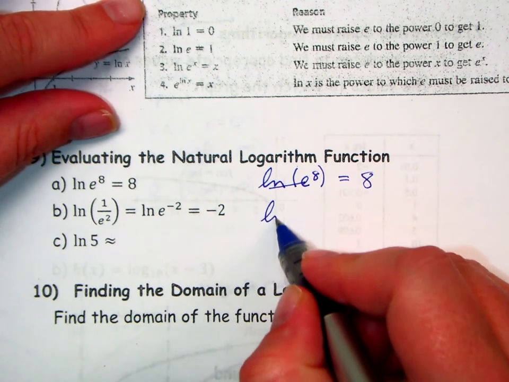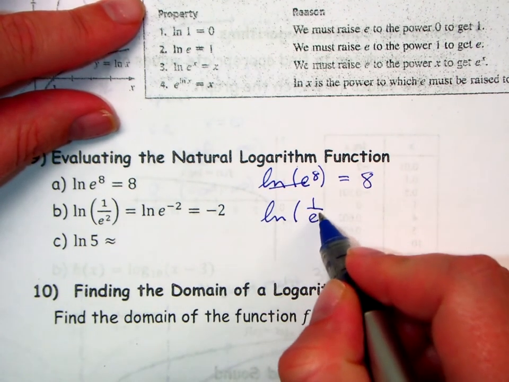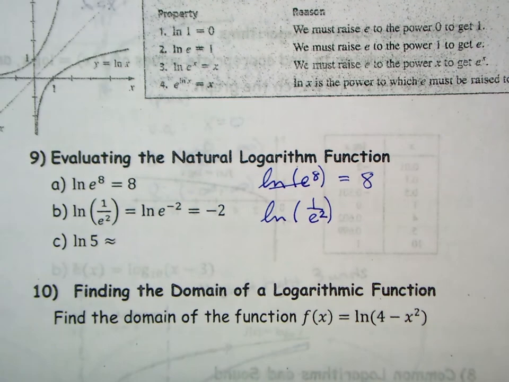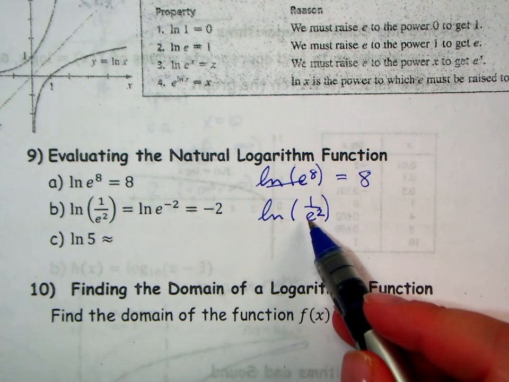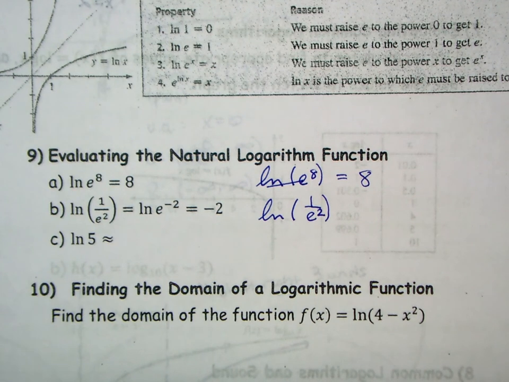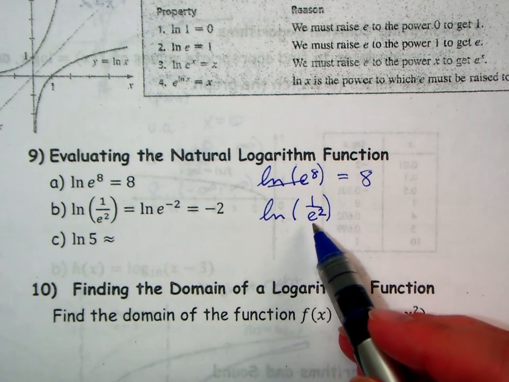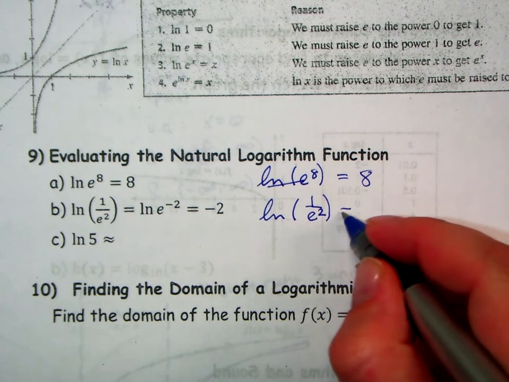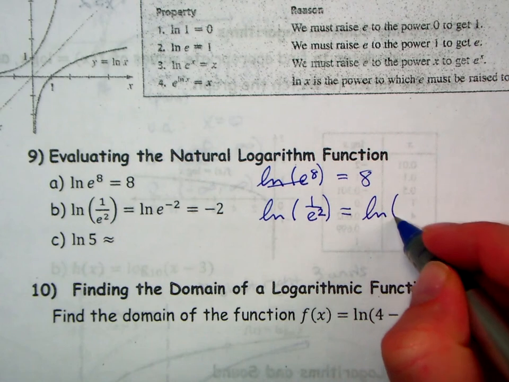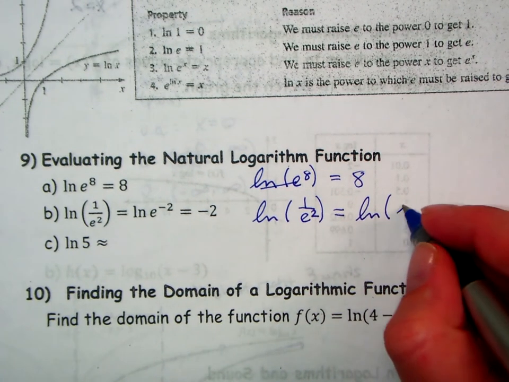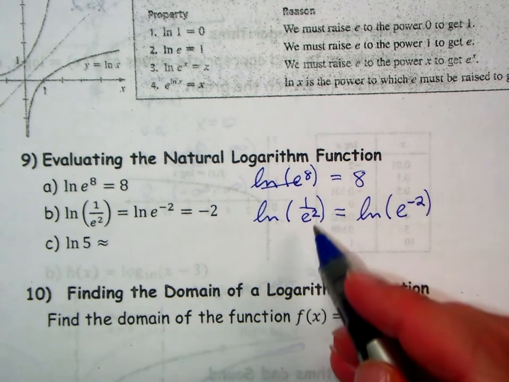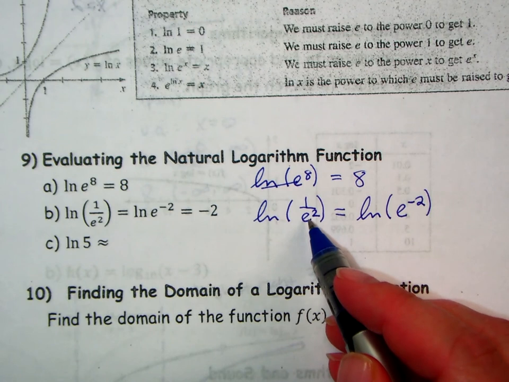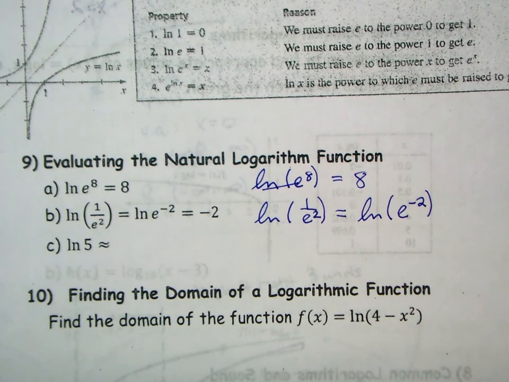What is ln of 1 over e squared? Now you have to be careful here, because you can't let ln cancel e in the denominator. It has to be in the numerator. So if I wanted to write 1 over e squared, I need to move the e squared from the denominator up to the numerator, and the negative power is what's going to do that. So I can rewrite 1 over e squared as e to the negative 2 power, because if it's positive in the denominator, it's going to be negative in the numerator.